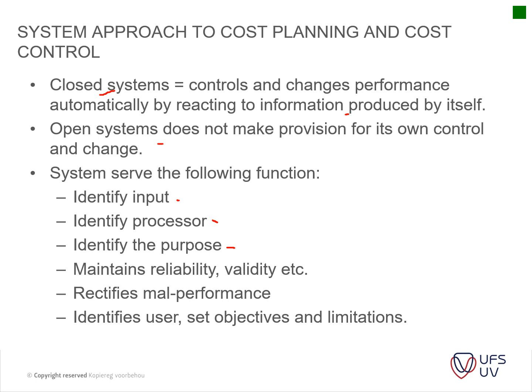Because, for instance, you cannot use Cape Town rates in Bloemfontein, because the going rate is different, and the material cost would be different, etc. And then usually it rectifies malperformance. So it's maybe not the correct word, but it rectifies the design to get it into the correct parameters. And it identifies the users, the set objectives, and the limitations.